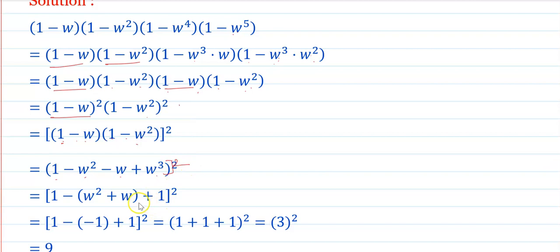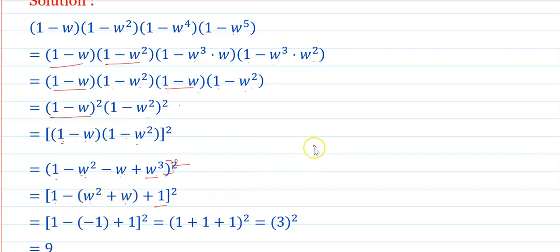Okay, next simplification. Here we take the minus sign common from these two, and therefore you will get omega square plus omega. What about the omega cube? Omega cube is 1. Again, 1 plus omega plus omega square.